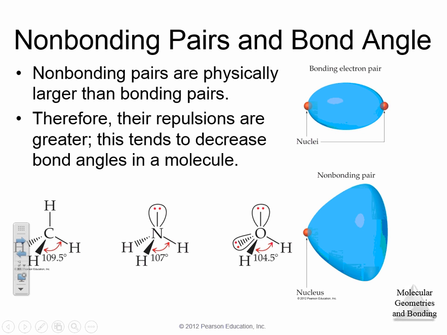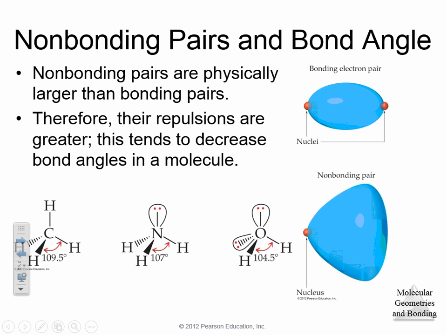Non-bonding pairs are physically larger than bonding pairs because the electrons want to repel each other. So in the married couple, the electrons want to repel each other. Therefore, in the married couple, the repulsion is greater, which tends to decrease bond angles for the rest of the molecule.